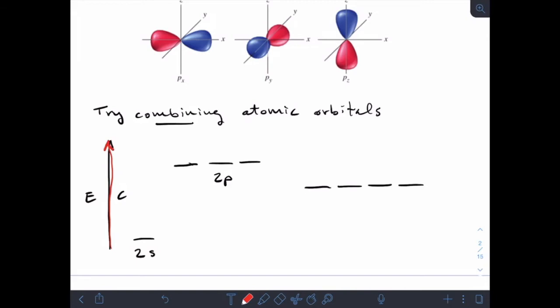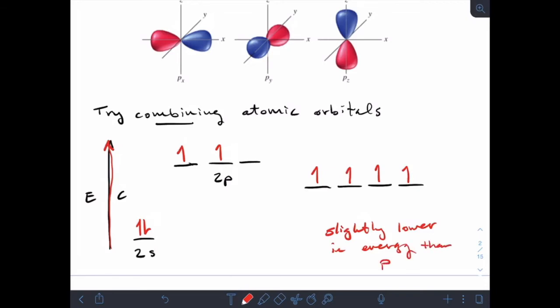And my carbon has 4 valence electrons, so 1, 2, 3, and 4. If I combine those 2s and those 2p orbitals, what I can do is get 4 orbitals, each with an electron. And they'll be slightly lower in energy than the p.